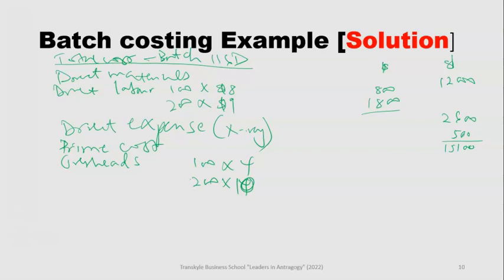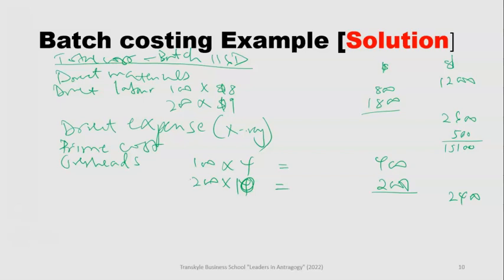So 100 multiplied by 4, that's 400. And the assembly is 2,000. So you can see that total overheads were 2,400.